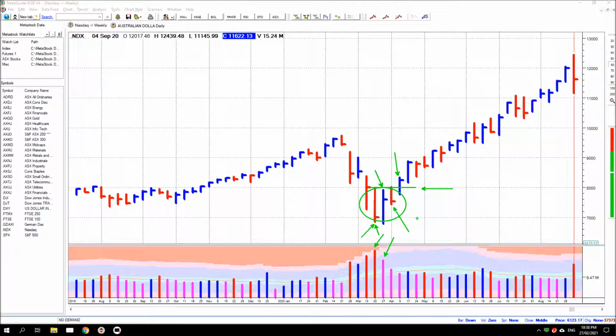It's perhaps more an absorption bar than anything, but there would have been some testing, at least in the lows of this bar down here. Remember, this is a weekly chart, so there may have been some daily testing. Prior to that was probably a buy the offer up to the resistance, and then some testing as price came down into the end of the week. But once price accelerated higher and moved above that level, the weakness was left behind.